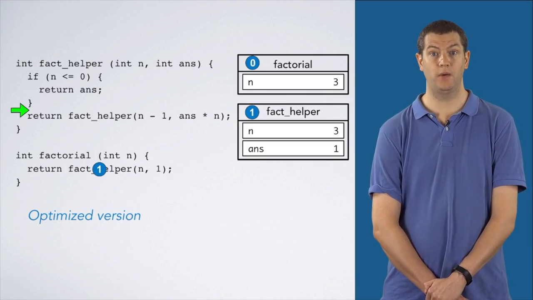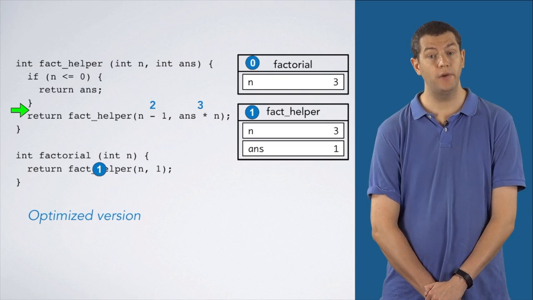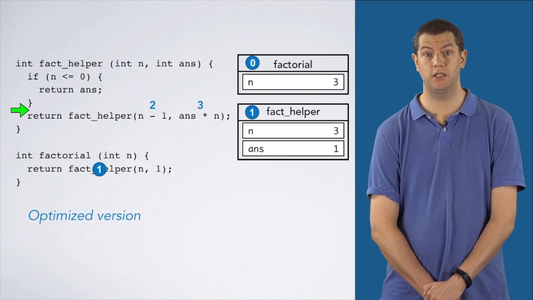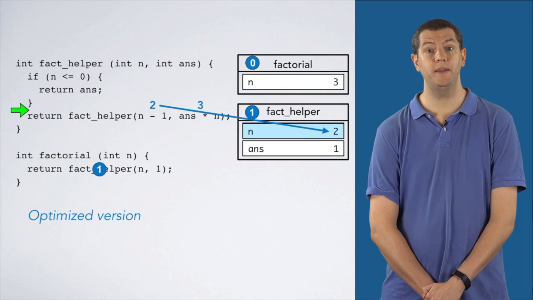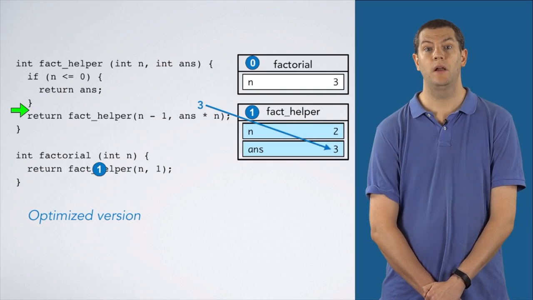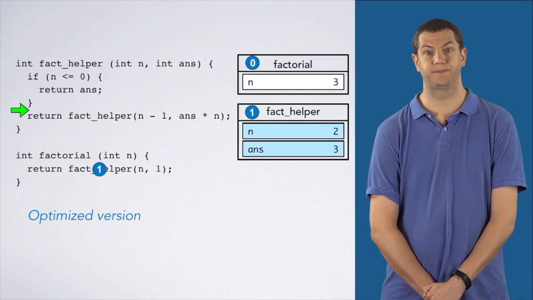First, we have to evaluate the parameters to 2 and 3 respectively. Note that we do this before we start changing any of the values in the frame, since we want to use the current values. Then we are going to update the value of in the frame to be 2, and the value of answer to be 3.